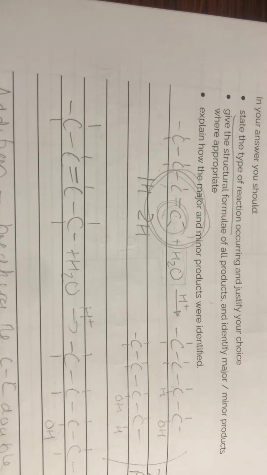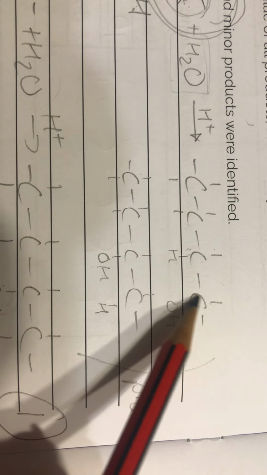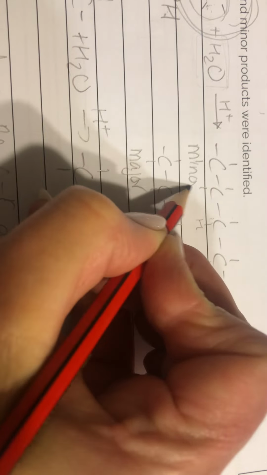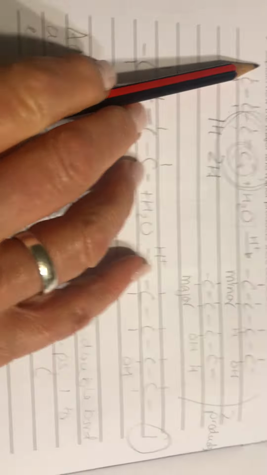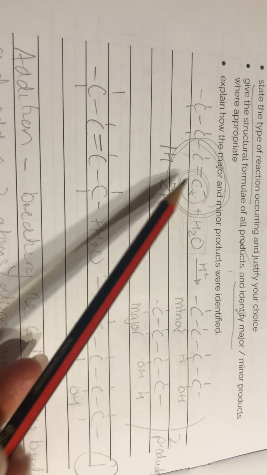For the major product, the richer carbon is going to get another hydrogen. This one here is the major, so now we label that major and label that minor. We've done that, and then explain how the major and minor products were identified. So we're just going to put what I just said into words.